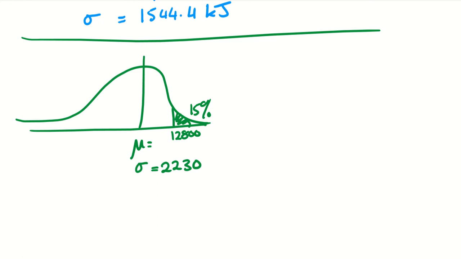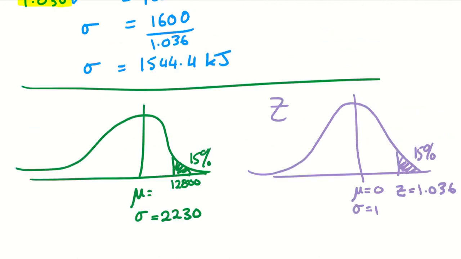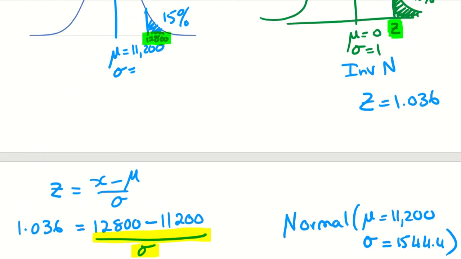I would then match that to my Z distribution with a mean of 0 and standard deviation of 1, and to have this area of 15% is going to give me the exact same Z value, 1.036, as we found up here.